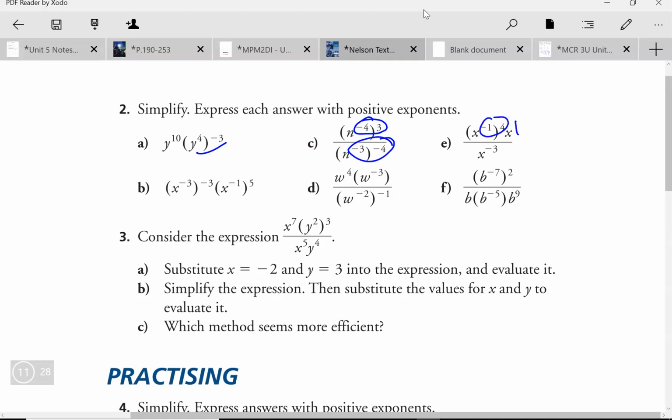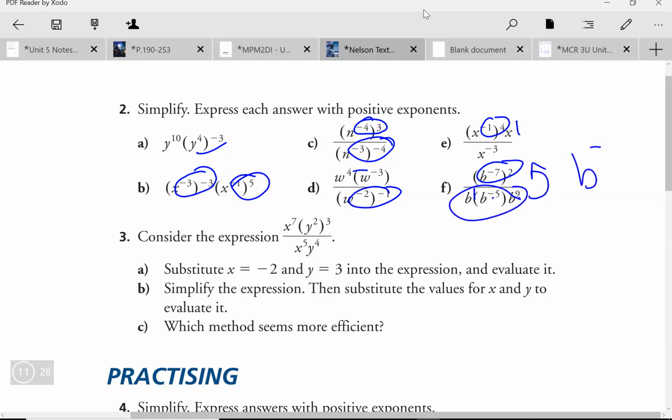This is power 1, just add everything up. Product rule, add product rule, then do division, product rule, 1 minus 5 plus 9 in the denominator, then bring all of that upstairs. So like this is b to the power of negative 14 divided by b to the power of 5, which is b to the power of negative 19.